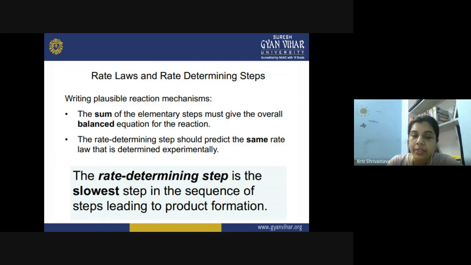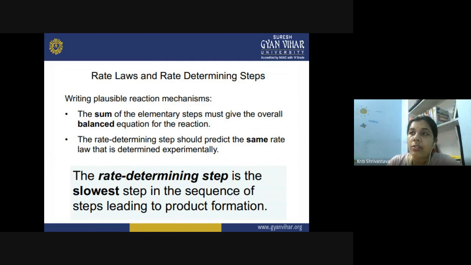Now, what would be the rate determining step? When you have many elementary reactions involved in a complex reaction, it will be the slowest step in the sequence of steps leading to product formation. So it becomes easy from chemical kinetics: if you want to see the rate of the reaction, you need not consider the rate law of all the steps.